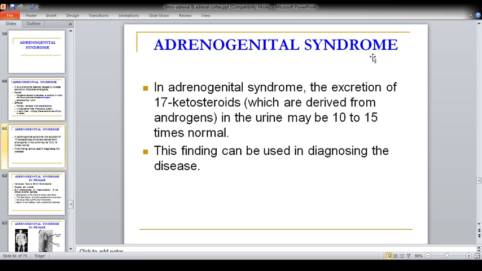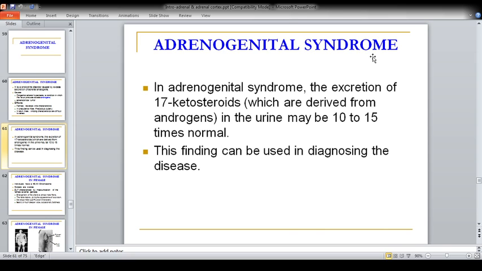Now, in Adrenogenital Syndrome, the excretion of 17 ketosteroids, which are derived from adrenal androgens, in the urine, may be 10 to 15 times the normal limit. So it would be increased 10 to 15 times. 17 ketosteroids are a byproduct when the breakdown of the adrenal androgens takes place.